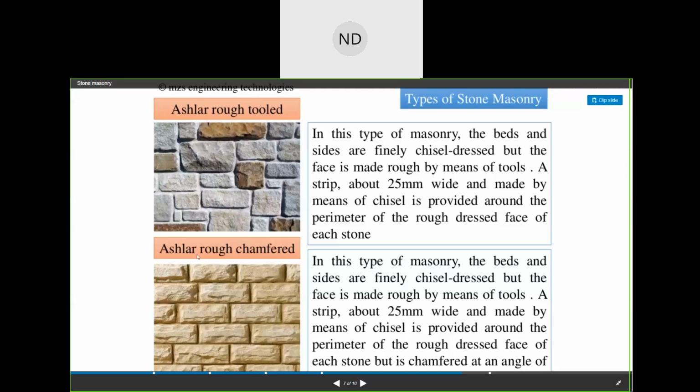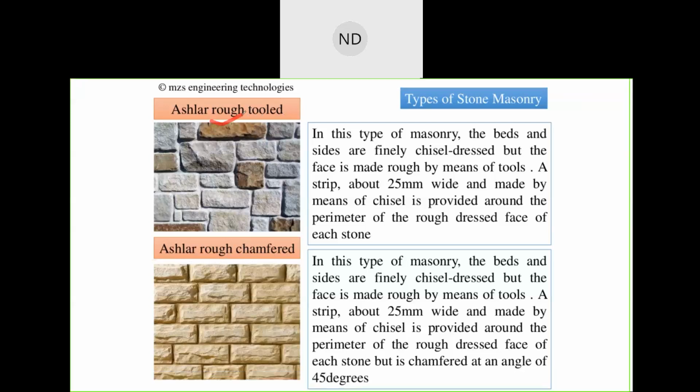Another one is your Ashlar rough tooled. This is tooled, and why is it known as tooled? Because you're using the chisel. With the help of the chisel, you are making this face of the wall rough.